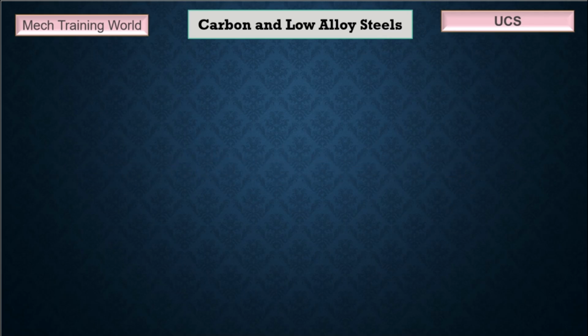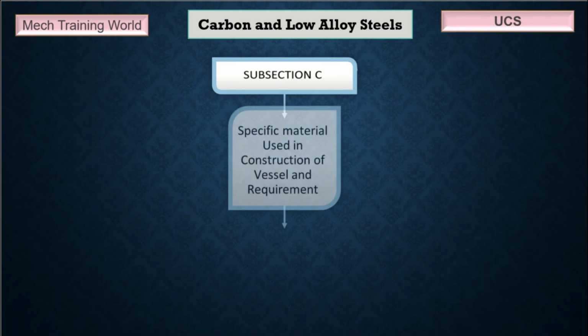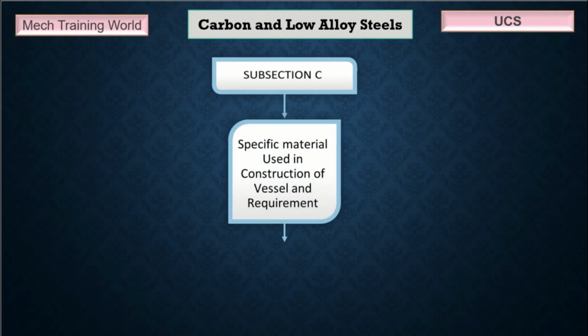Let us see what you exactly find in subsection C. In subsection C, you will find specific materials which are used in construction of vessels and also their requirements, especially for division 1 vessels.